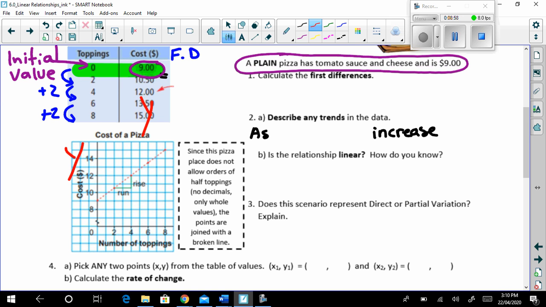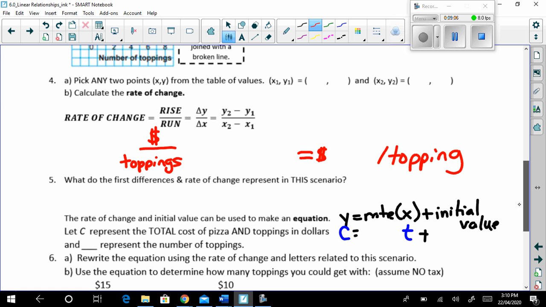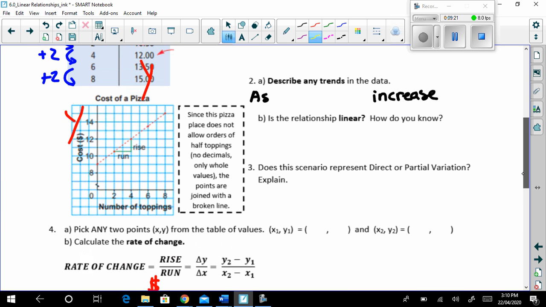Oh yeah, so instead of y, we want to pick a letter that this represents. And here we have cost. So I said, well, C would be a good letter to pick. Instead of y, you can see that I have put the letter C there, okay? And then instead of x, you need to pick a letter that represents x in this scenario. If we look up at x, it's talking about the number of toppings.